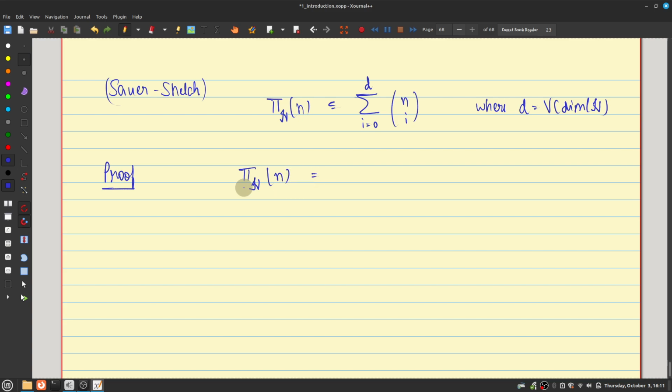The growth function of a hypothesis class is the size of the largest restriction of H onto subsets of size n. It is the max over all X_n, subsets of the domain of size n, of the size of the restriction of the hypothesis class onto X_n.